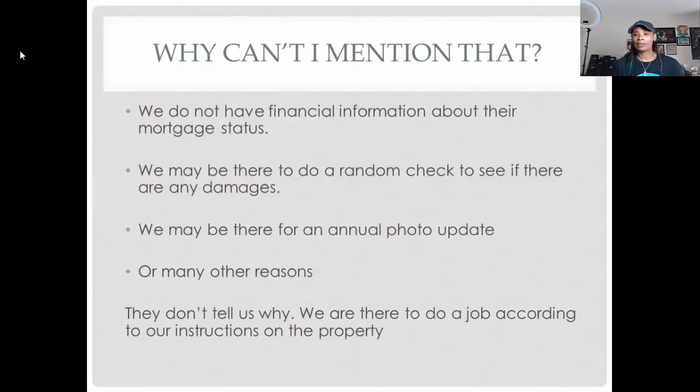Maybe the mortgage company needs updated photos for that property. There can be a lot of different reasons why we are sent to a property to photograph and verify occupancy. They don't tell us why. Guys, we are just there to do a job according to the instructions for that property. All right, that's it.